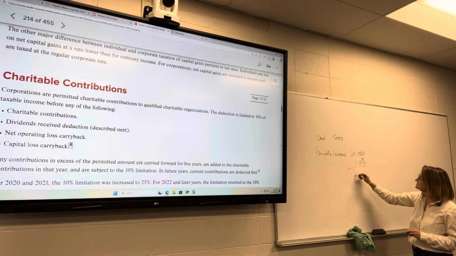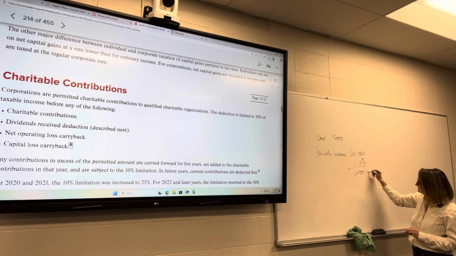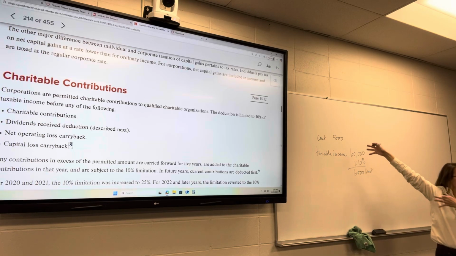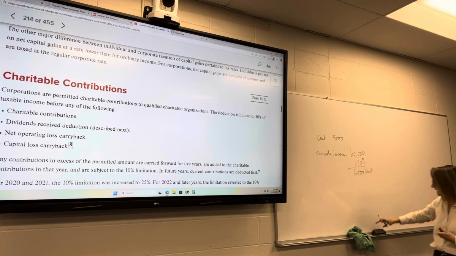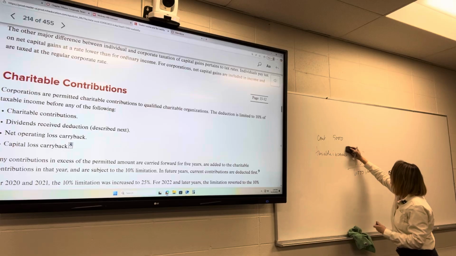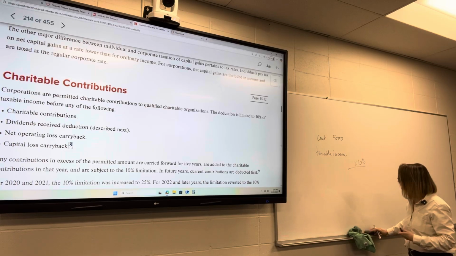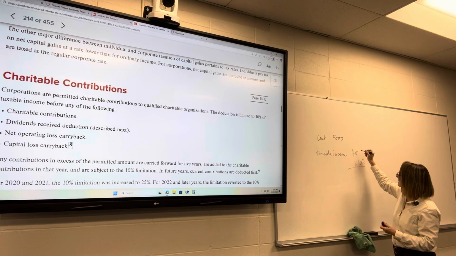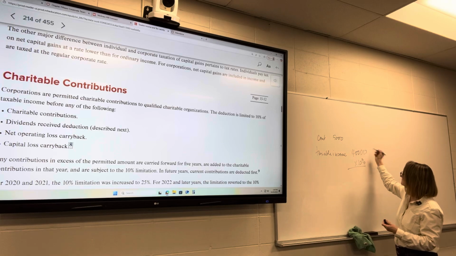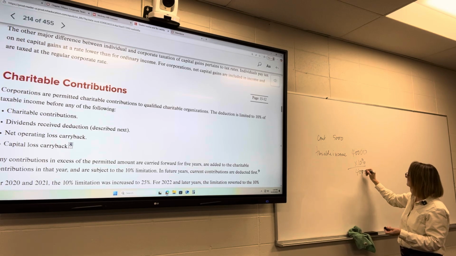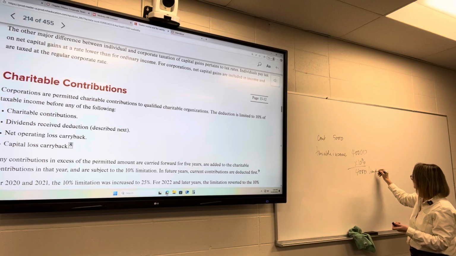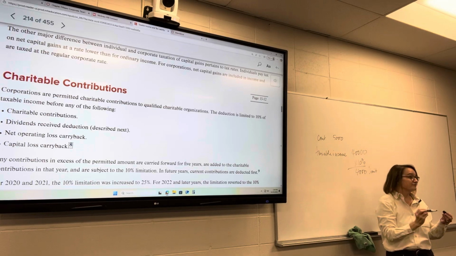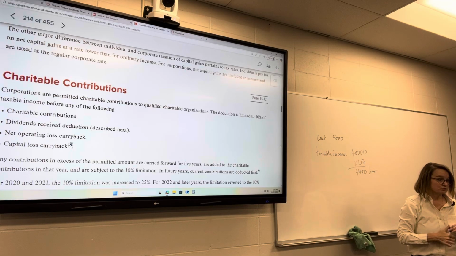So our limit is $6,000. In this case, we could take all of that charitable contribution, right? If, however, our taxable income was $40,000, then our limit would be $4,000. We can only take $4,000 of that $5,000 as a charitable contribution.